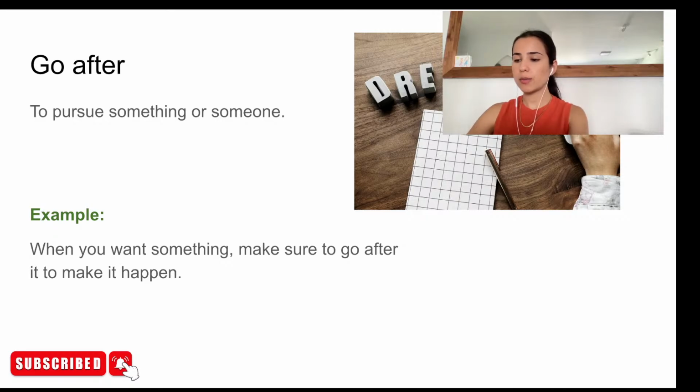Great word, astronomer. I like that. Okay, I am going after my dream, or you could say I am going after my future job, and I am going to become an astronomer. Good. Perfect.